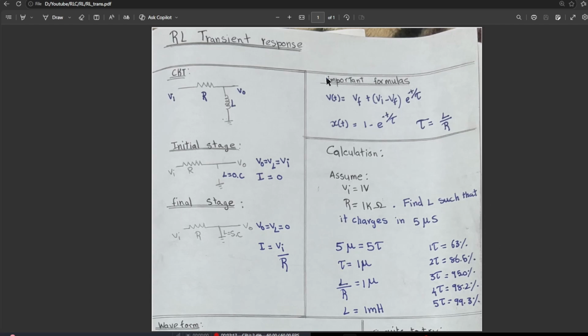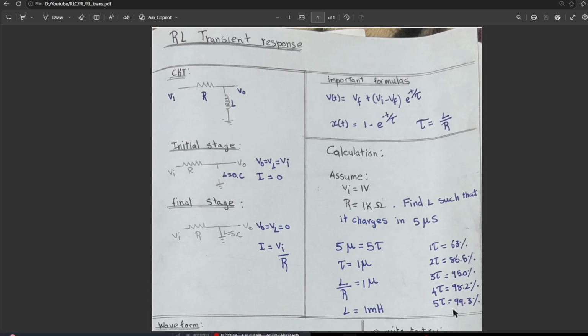Before that, these are some of the important formulas that we have to consider before designing our circuit. Now let's assume our Vin is 1 volt, R equals 1 kilo ohm, and let's just say we want the current to settle at 5 microsecond. So we have to find L accordingly. Here we are going to take 5 microsecond is equal to 5 tau. The reason why we are taking 5 tau is at 1 tau we can say the inductor is charged to 63 percentage, and at 2 tau it is charged to 86.55 percentage.